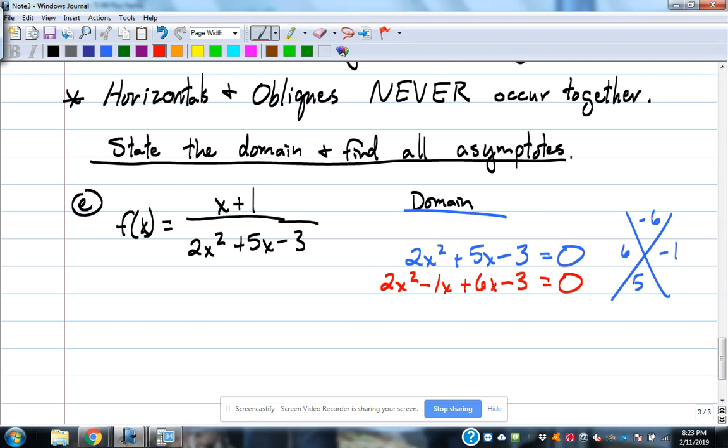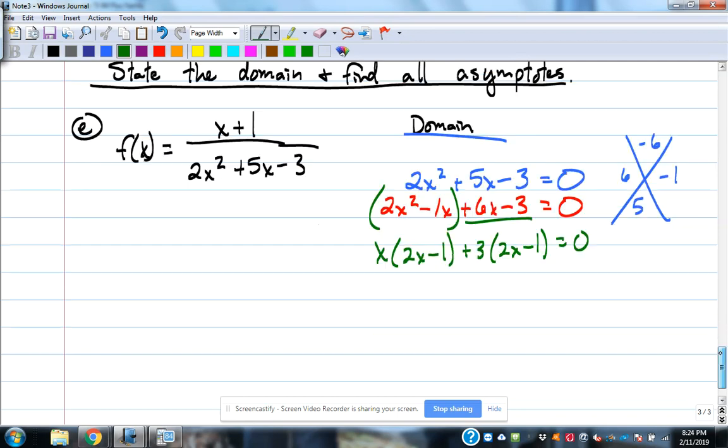And I'm going to group that. The x, 2x minus 1, 3, 2x minus 1. So the factored form of that is going to be x plus 3 and 2x minus 1. So that factored form is going to come in handy in a little bit.